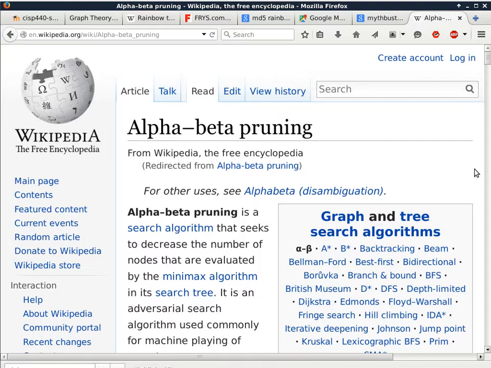So you have to minimize with one, maximize with the other one, minimize with the next one, and maximize with the other one. And that leads to a special technique to make the search a lot faster. It's called alpha-beta pruning. I'm not going to talk about the alpha-beta pruning technique in this class because we are only going to talk about graph theory in general, but not specific algorithms.